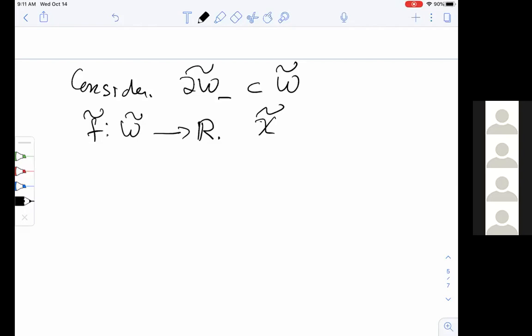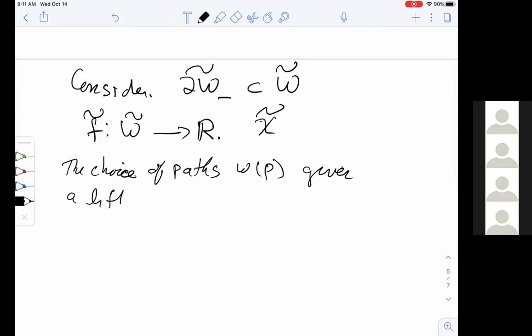The choice of paths omega p gives a lift p tilde for each critical point p.